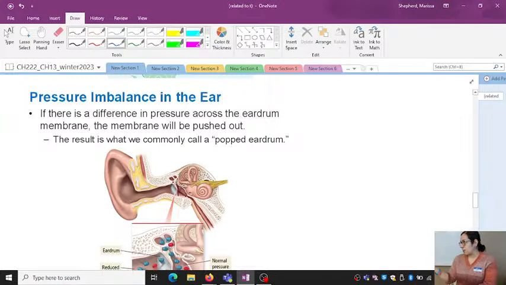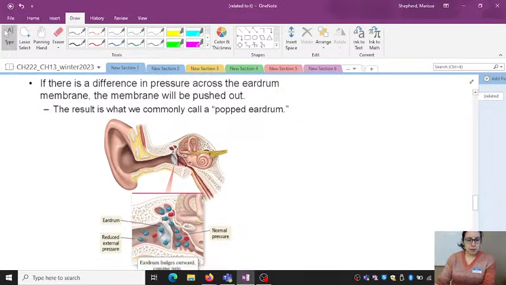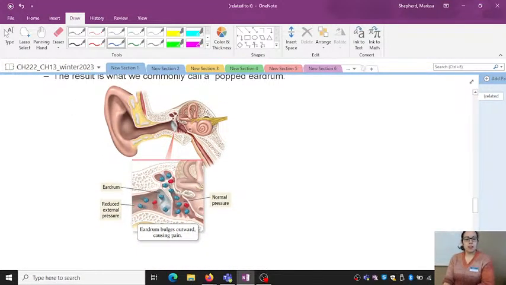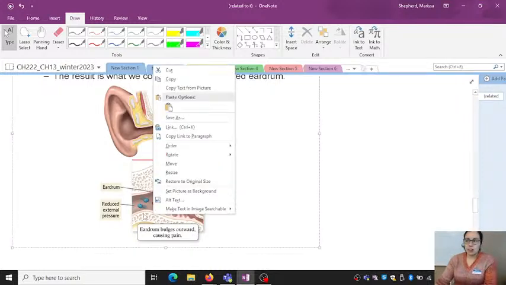I'm sure you've felt that effect, either in a plane or driving around, when your ears pop. We have normal pressure inside the ear, then reduced external pressure as we go into those high elevations. That causes your eardrum to bulge outward, causing pain, and causing you to want to yawn or chew gum to try to alleviate that.